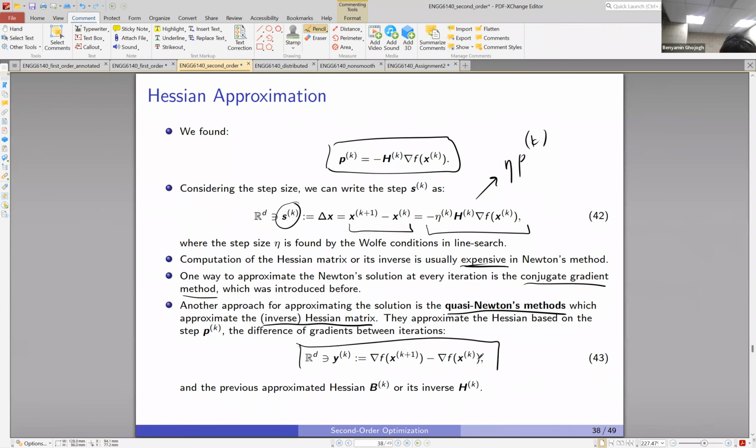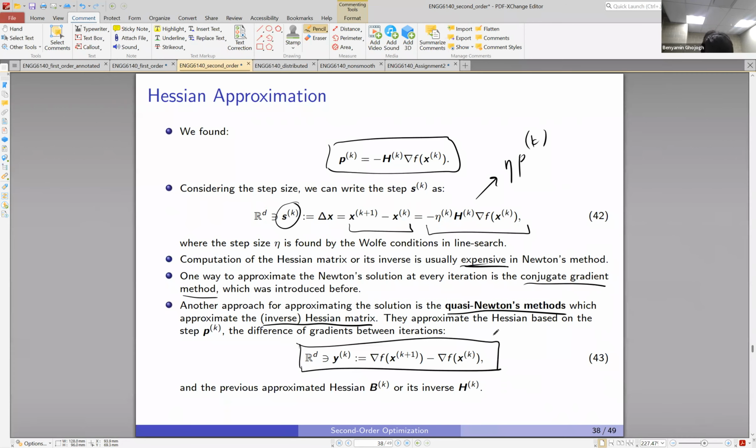So we have this. What is it? They approximate the Hessian based on the step pk and the difference between the gradient of f at iteration k plus 1 and the gradient of f at the previous iteration, which we denote by yk. It's a d-dimensional vector. So what do the Quasi-Newton methods do?